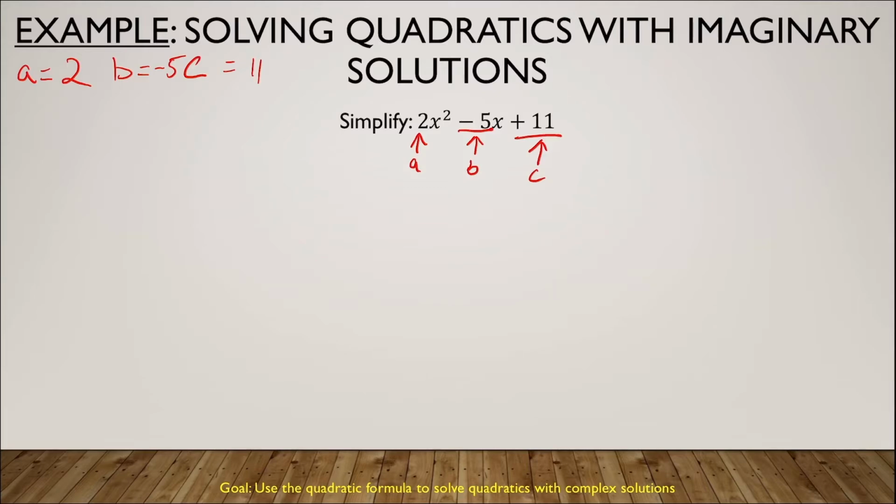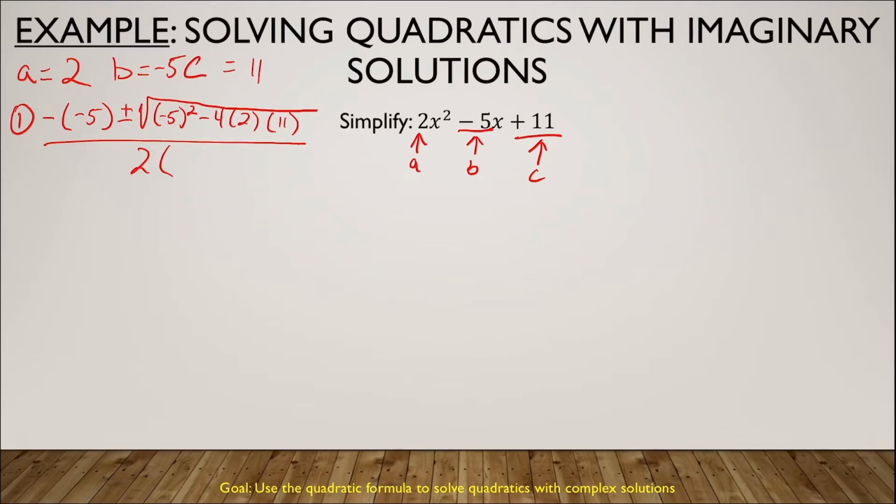So we've identified that. Now I can plug that into the quadratic formula. So I have negative b plus or minus the square root of b squared minus 4 times a times c, all divided by 2 times a, which is 2. Alright, now we can just work on simplifying this.